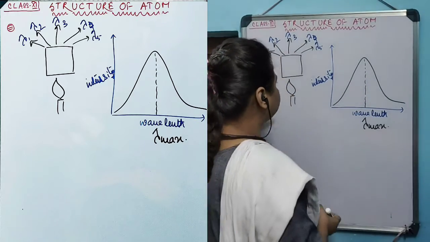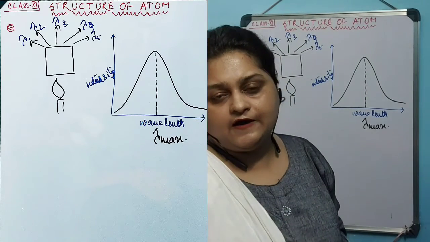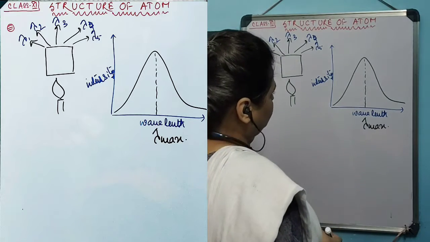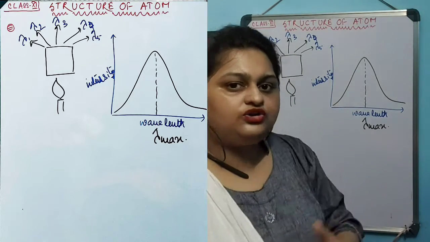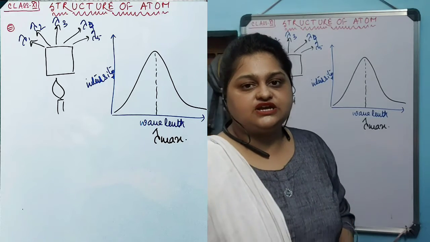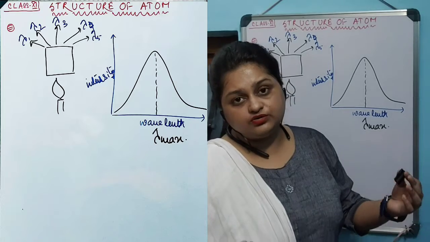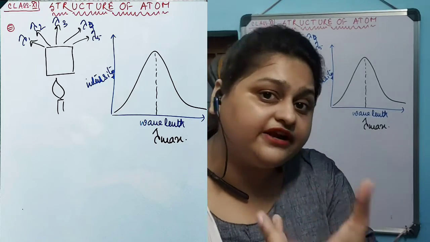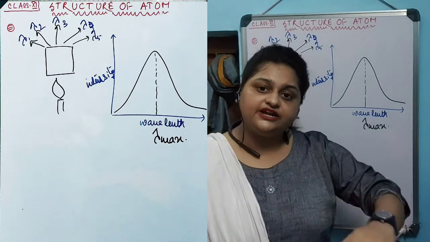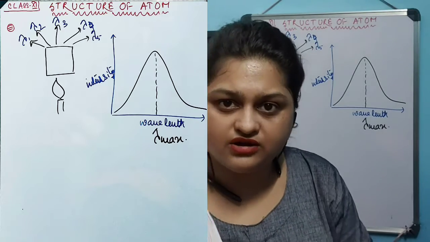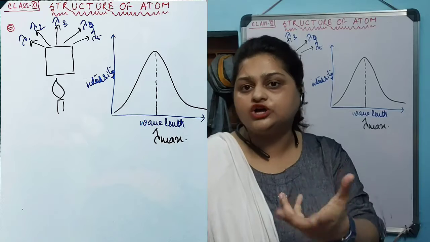Like for this one, if this body is supposedly iron. We all know that at a particular temperature, when iron is heated, it gives red color, and when it is heated further, it transforms to a bluish color.